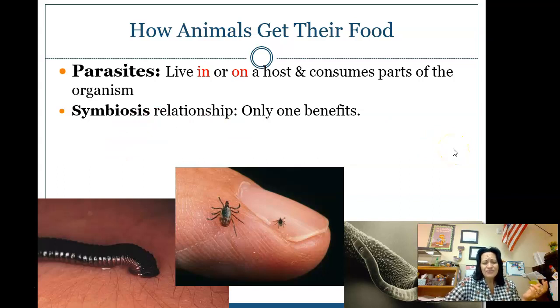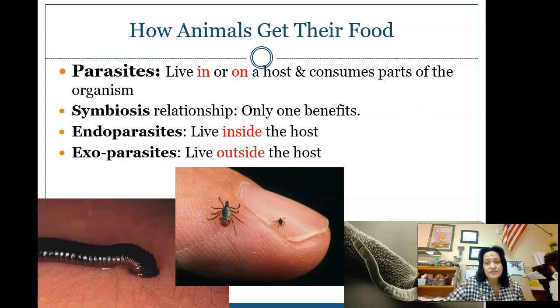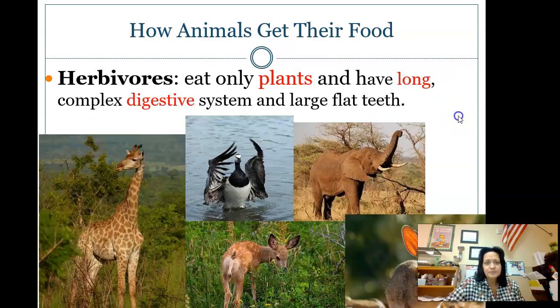And they don't even need to have really good digestive systems because the digestion is already being done by the organism who they're sucking the nutrients from. So there's endoparasites, which live inside a host, and then there's exoparasites that live outside of a host.